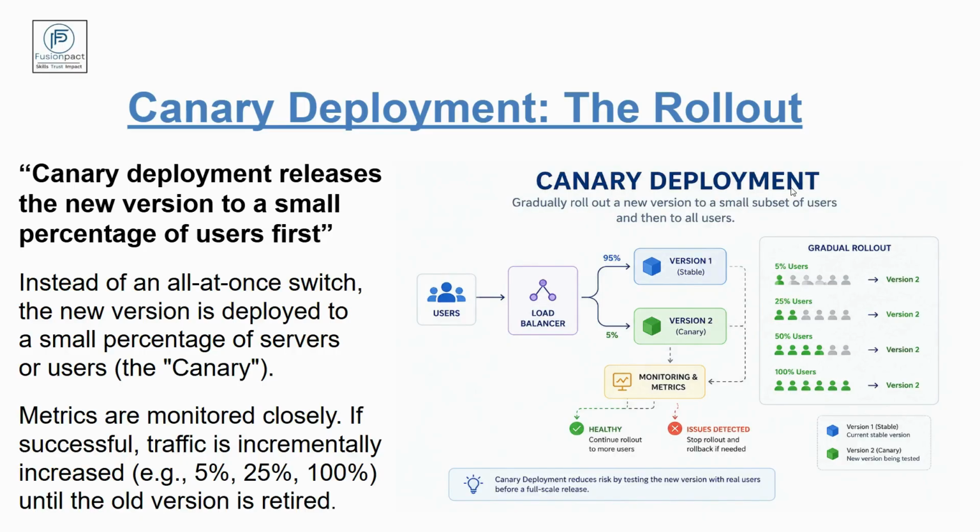Then we have canary deployment. Canary deployment takes a different approach. Instead of releasing the new version to everyone at once, we release it to a small group of first users.